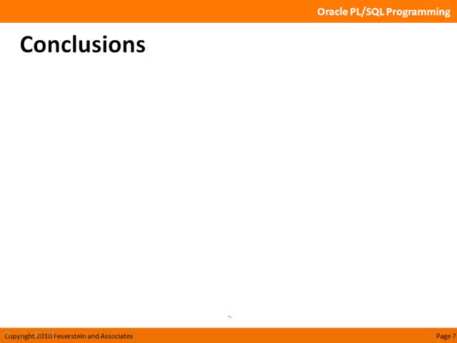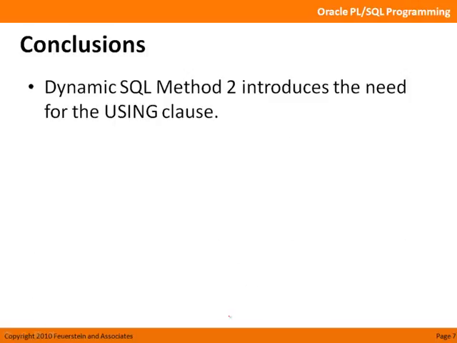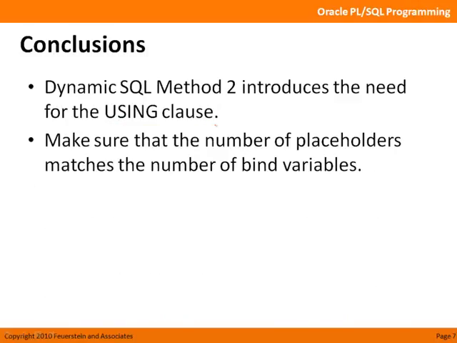Draw some conclusions. Dynamic SQL Method 2 introduces the need for the using clause. That's what Method 2 means. You have a fixed number of bind variables known at the time of compilation. So I have a using clause to basically match up my actual values with my placeholders, and you need to make sure that the number of placeholders always matches the number of bind variables, even if the placeholder name is used multiple times.